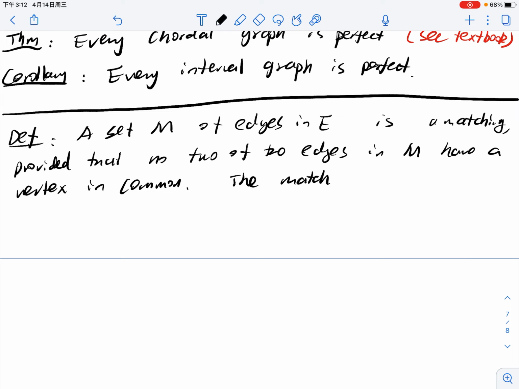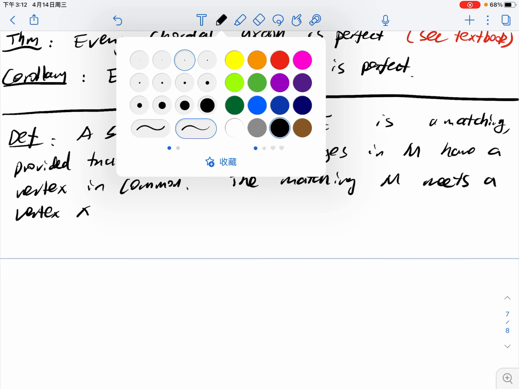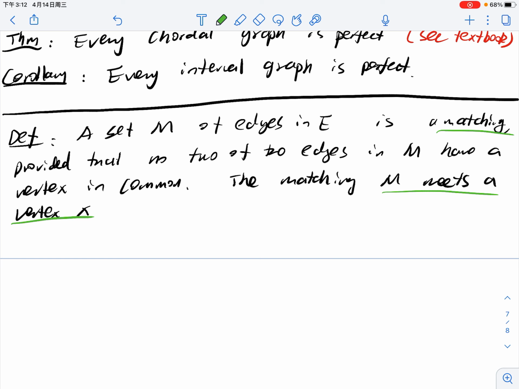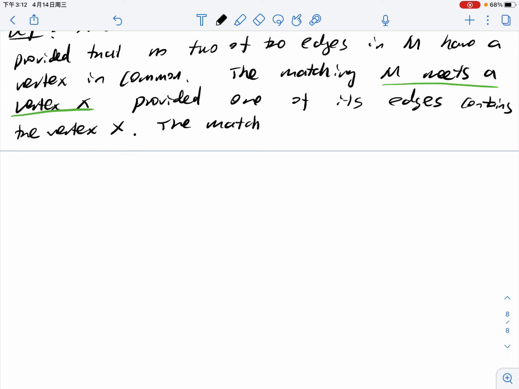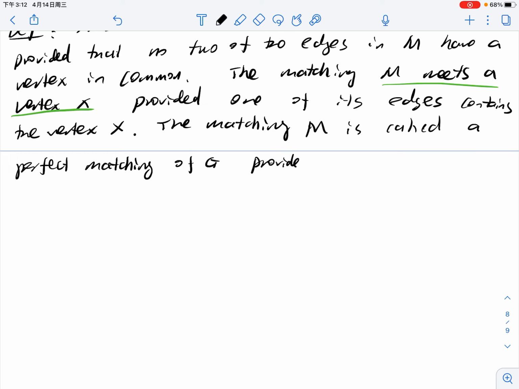So the matching M meets a vertex X provided that one of its edges contains the vertex X, and the matching M is called a perfect matching if it meets every vertex.